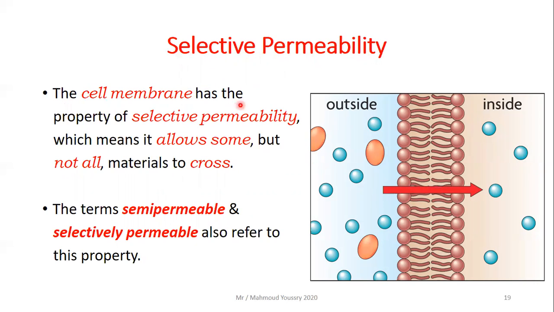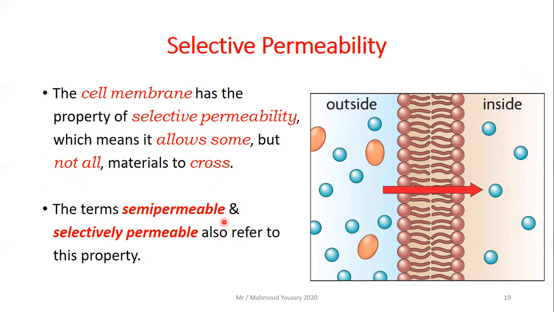So the cell membrane has the property of selective permeability, which means it allows some but not all materials to cross. As you can see here, we have some particles, the blue ones and the orange ones, but only the blue ones are allowed to pass into the cell. This is just an example, and this is the arrangement of phospholipids in the cell membrane.